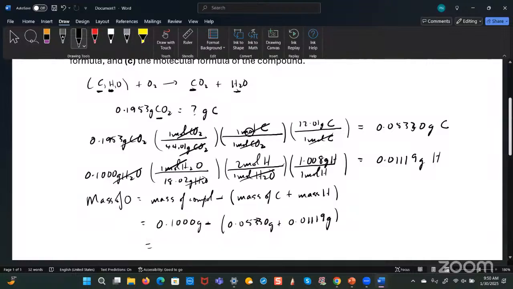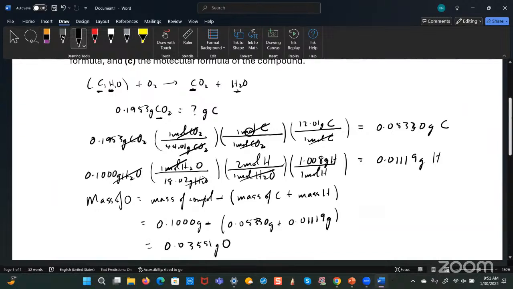And then I'm going to subtract that from 0.1. Okay, so the answer I got is 0.03551 grams, all right? So that will be the mass of oxygen.